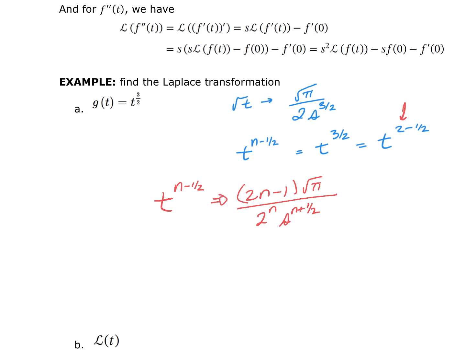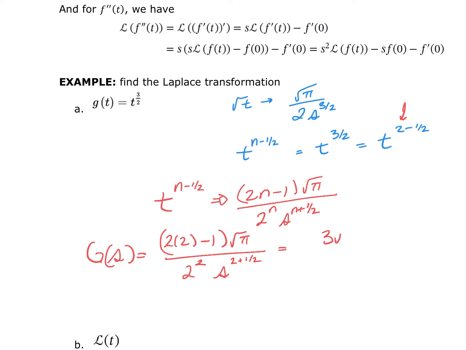So your g of s is going to be equal to 2 multiplied by 2 minus 1 multiplied by the square root of pi, divided by 2 squared, s raised to the 2 plus 1/2. So this is just going to be 3 square root of pi over 4 s raised to the 5/2.